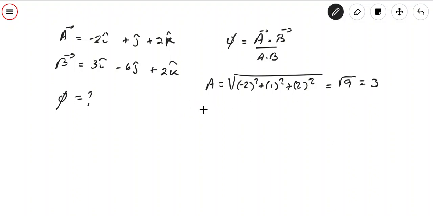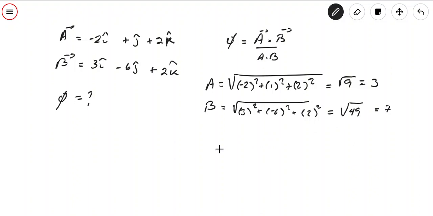We find the magnitude of the vector B. That is 3 squared plus negative 6 squared plus 2 squared, which is equal to the square root of 49, so it's equal to 7.